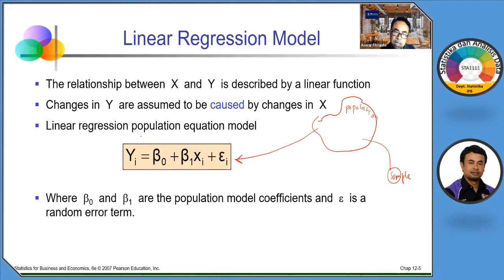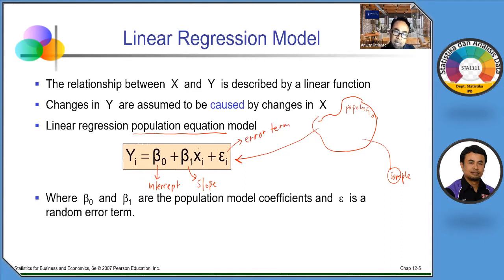As you can see here in the population equation model, y, which is the dependent variable, is equal to a constant, which later we say is the intercept, plus beta one, which later we say is the slope, times xi, where x is the independent variable, plus something that we do not know, which later we say is the error term. The error term is something that we do not know, right?